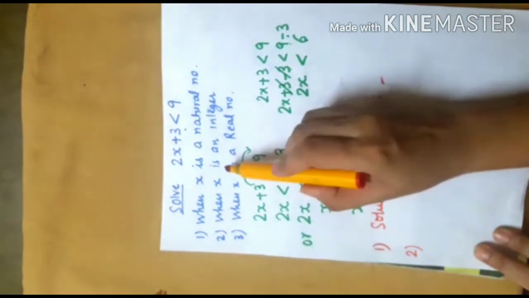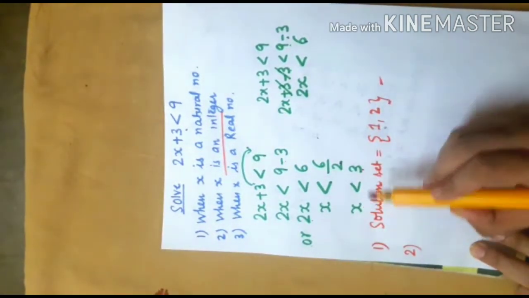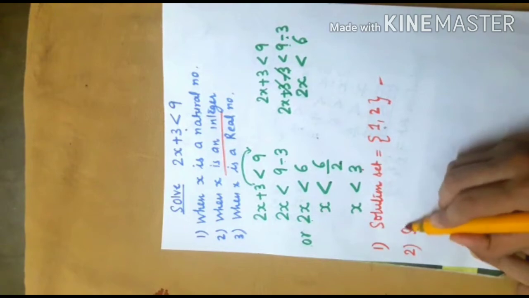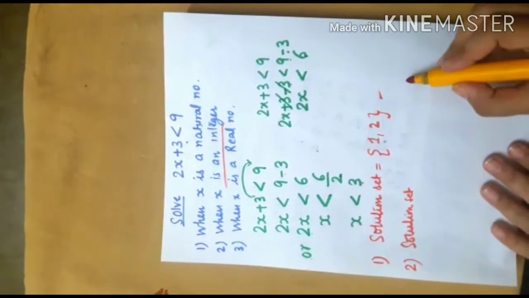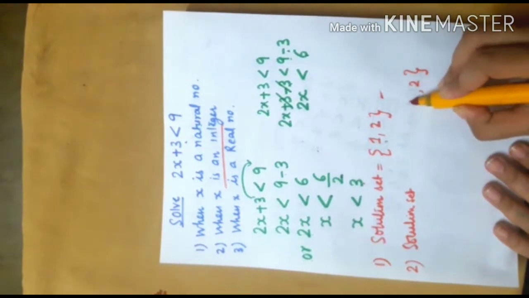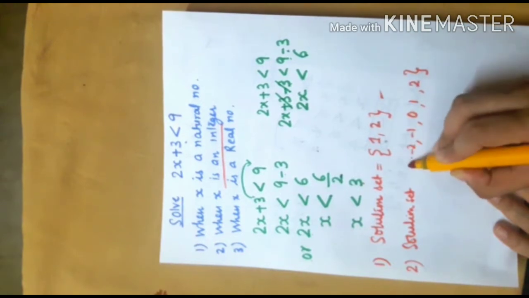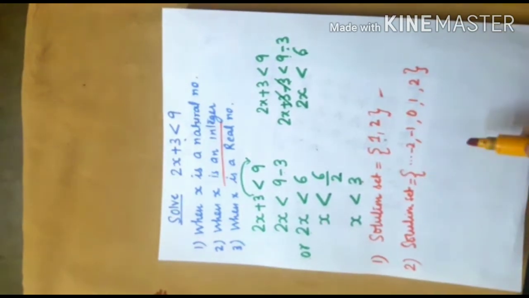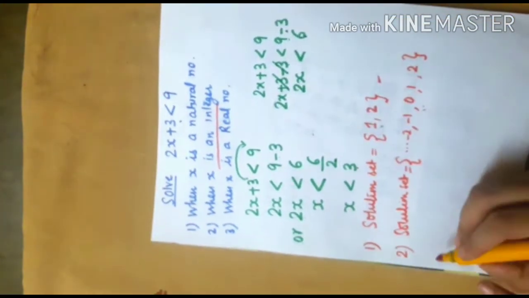Second case, when x is an integer, yes, integers less than 3. In this case, the solution set will be 2, 1, 0, minus 1, minus 2 and so on. So in the second case, the solution set will be this set.